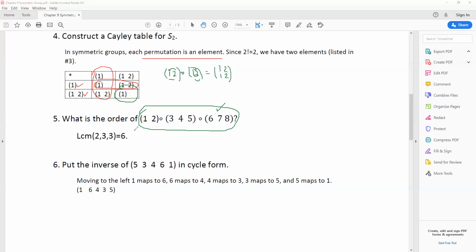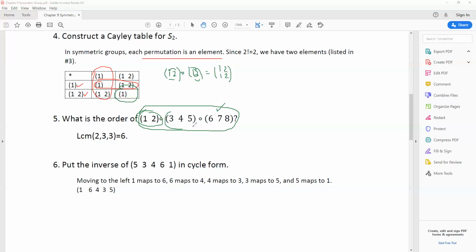Well, the answer would be 6, because if I take (1 2)(3 4 5)(6 7 8) and multiply it by itself 6 times, the first 2 times is going to take care of the (1 2). As we've already seen, (1 2) would map back to the identity if you square it. But what about the (3 4 5) and the (6 7 8)?